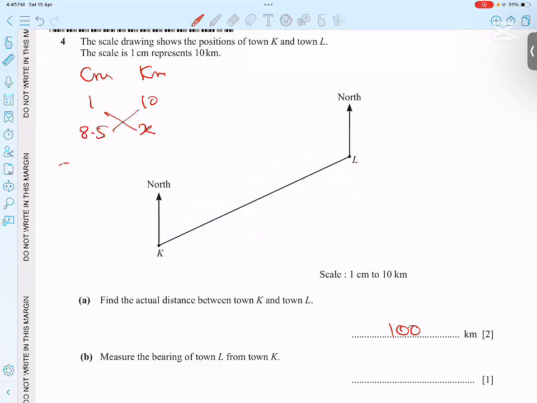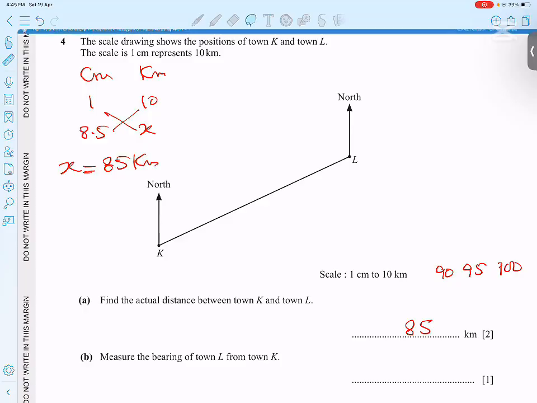Cross multiply, it becomes 85 kilometers. So I'm going to change the answer, and this is actually 85. So if you get 90, 95, 100, or 105 from your worksheet, this past paper, all are correct. Don't worry about it. Your answer is all right.